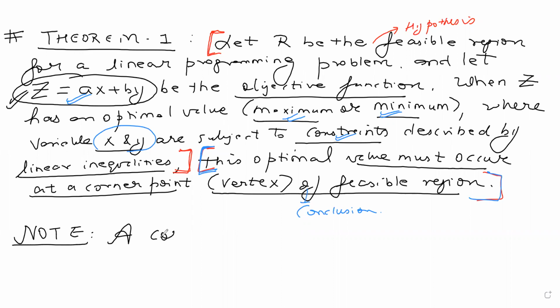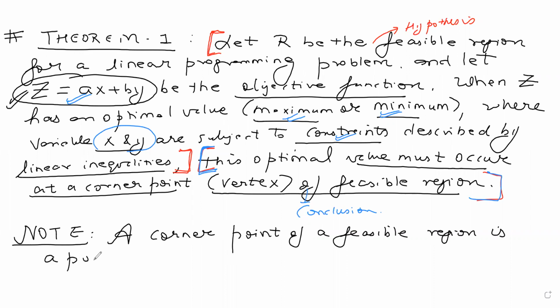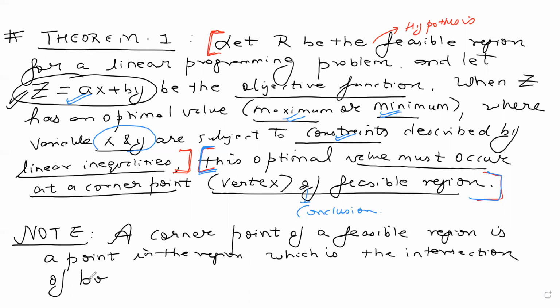A corner point of a feasible region is a point in the region which is the intersection of two boundary lines.